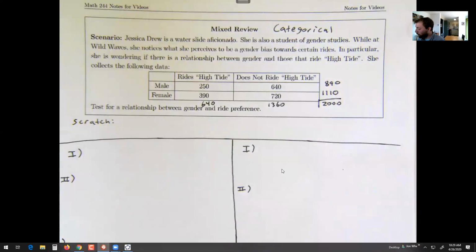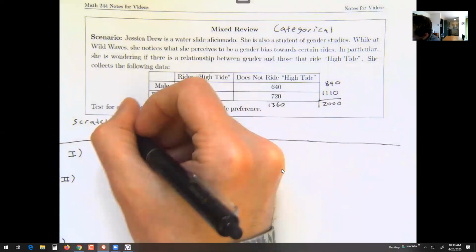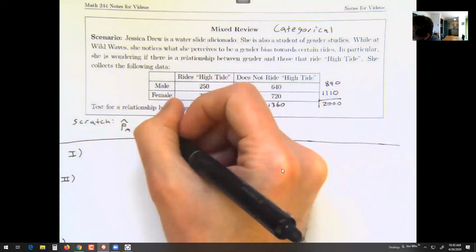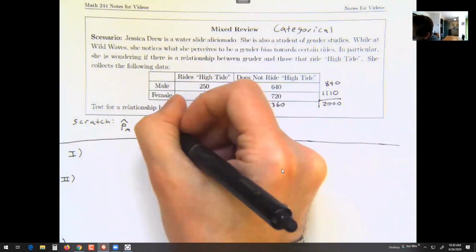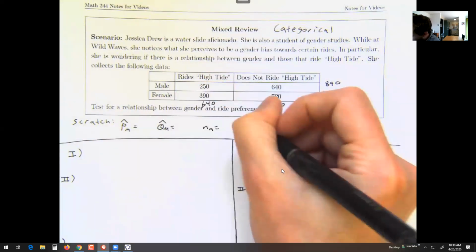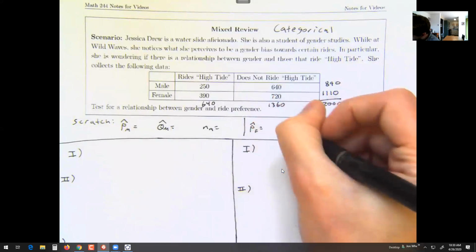A little bit more scratch work. I'm just curious what I'm looking at. Let's try to figure out the proportion of males that went on the ride and did not go on the ride, and the number of males. Let's figure out the same thing for females.